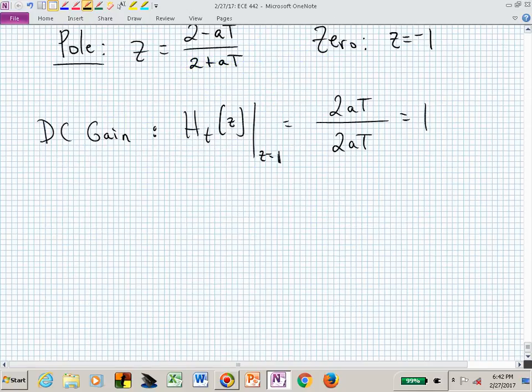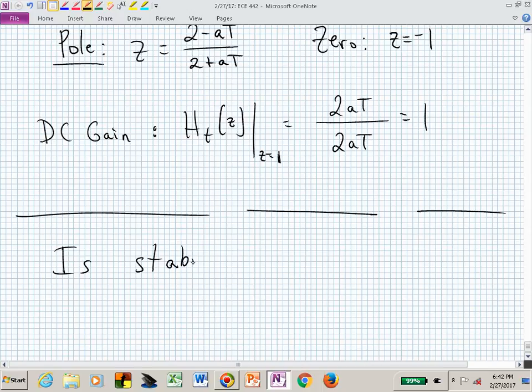If we're using these discrete equivalents using numerical integration, is it preserving stability? Meaning, if I had a stable transfer function, capital H of S, am I guaranteed that my H of Z will remain stable? Here I'm not worrying so much about causality or anti-causal. I'm assuming we're working within non-negatives.